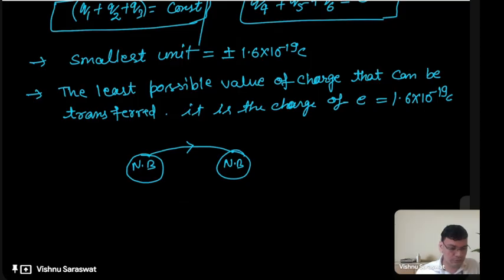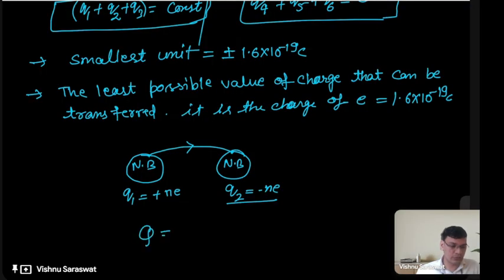Suppose we extract the electrons and give them to another body, so this body is positively charged because n number of electrons are removed, and this body becomes negatively charged because we are adding the electrons. So the charge is quantized.